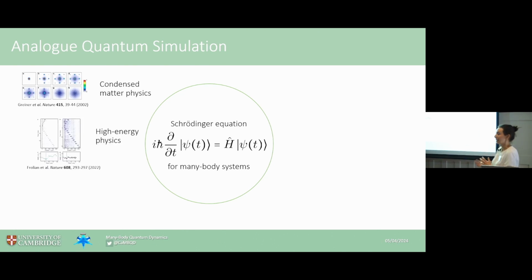But we can also study different aspects of physics, for example, high-energy physics. Here in this experiment, they created some density-dependent gauge fields. Also, topological physics: we can build topologically non-trivial band structures and study things like topological insulators, quantum Hall physics, and general topological order.